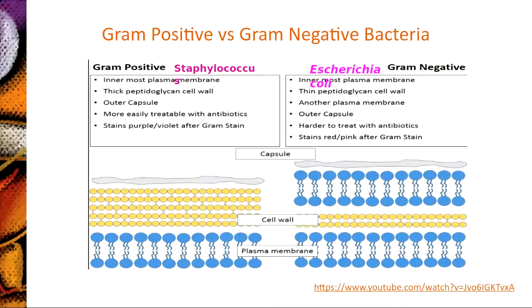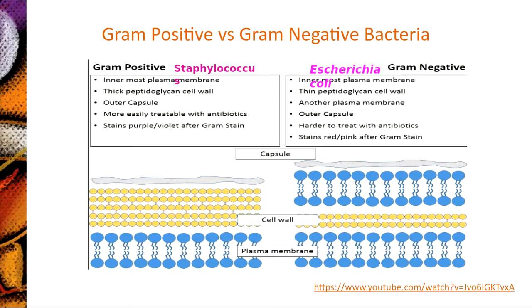So, first of all, I want you to differentiate between gram-positive and gram-negative. This is very important. And I know here there are a lot of people from a microbiology background. They know better than me. But I want just to tell you two messages. Message number 1 is the peptidoglycan layer between the gram-positive and gram-negative. Example of gram-positive is Staphylococcus aureus, and example of gram-negative is E. coli.